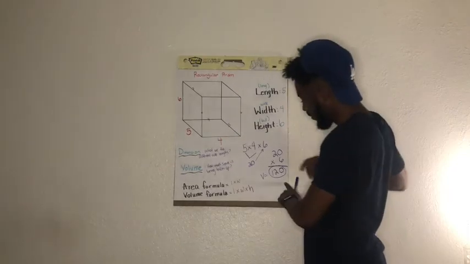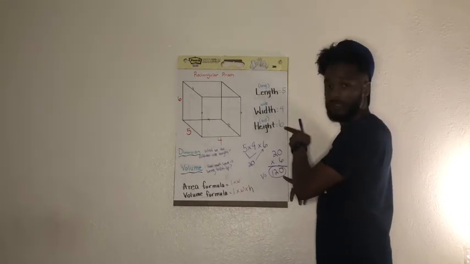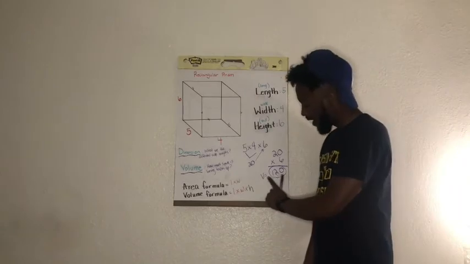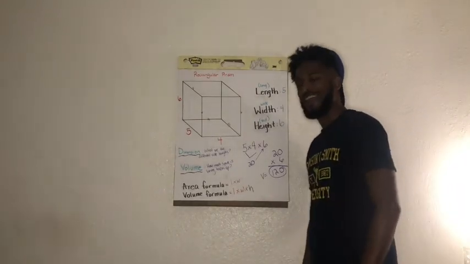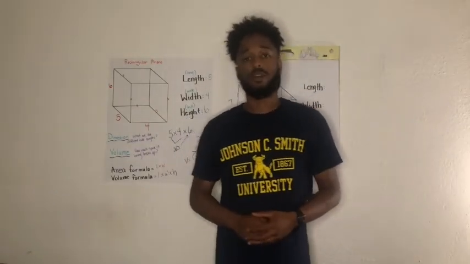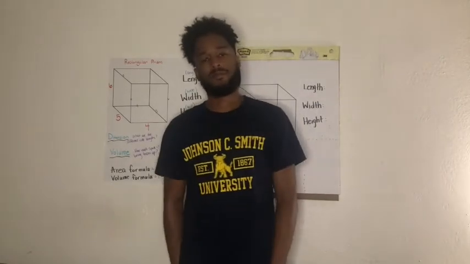In this case, we found out the length was 5, the width was 4, the height was 6, and if we multiplied all 3 of those dimensions together, we found that the volume was 120. Since we did such an amazing job finding the volume of the rectangular prism, let's try it one more time.